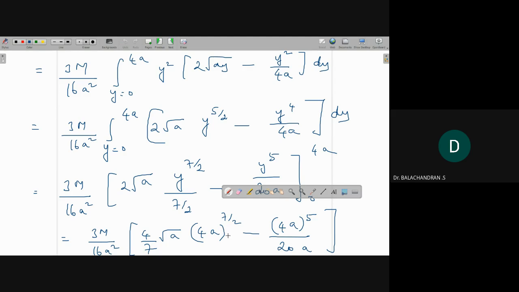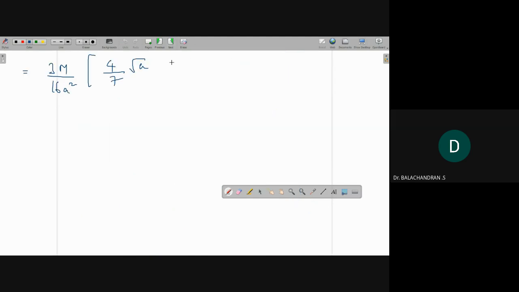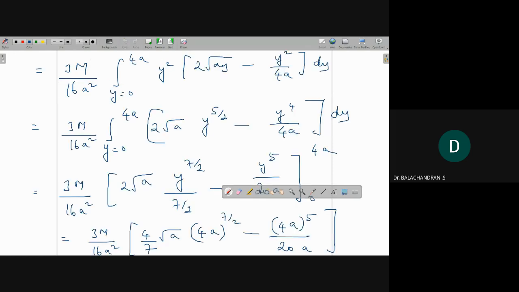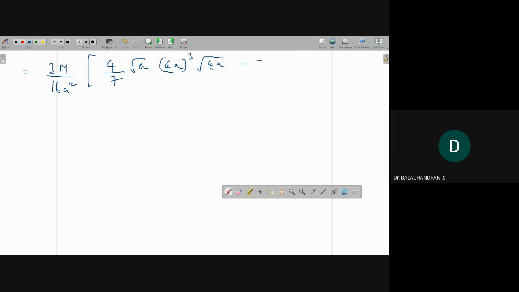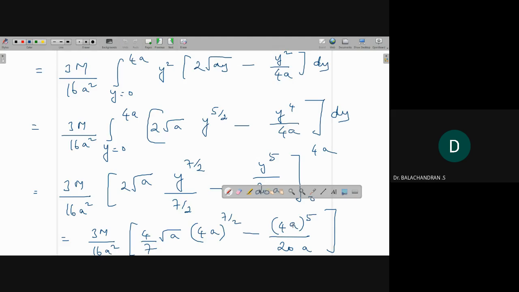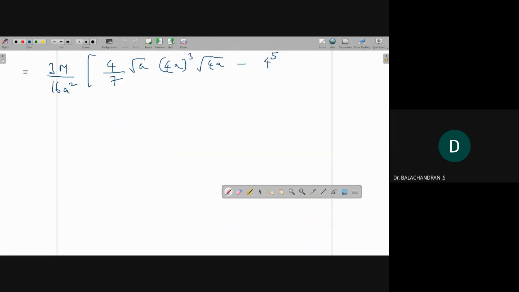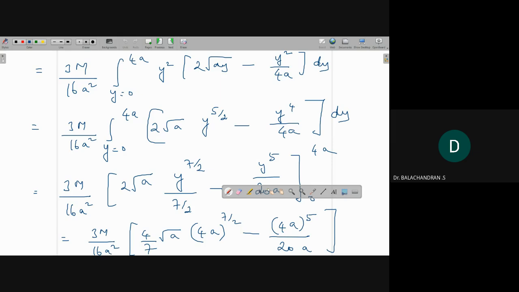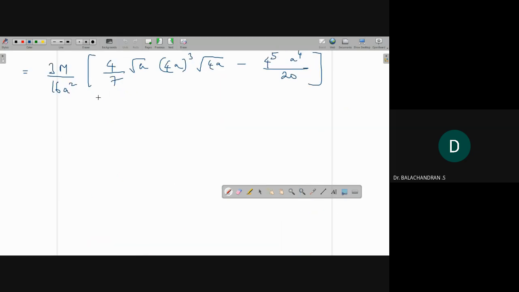So 4a cube into root of 4a, that is 4a power 3 into root 4a, minus 4 power 5 into a power 5 by a, by 20. And then okay, that's it. Now if you simplify further, you will get what?